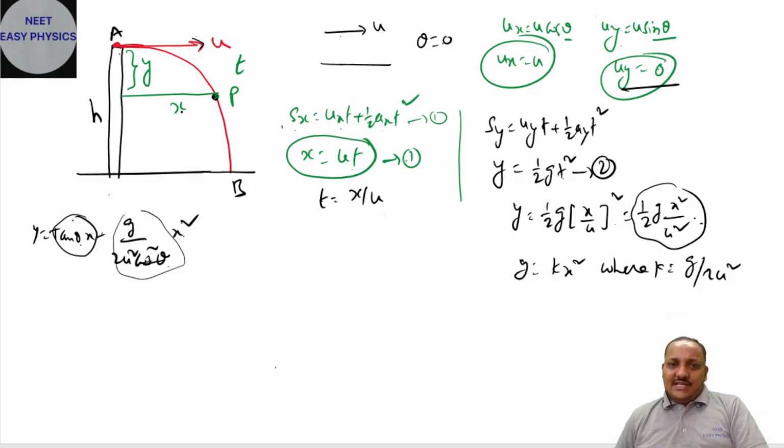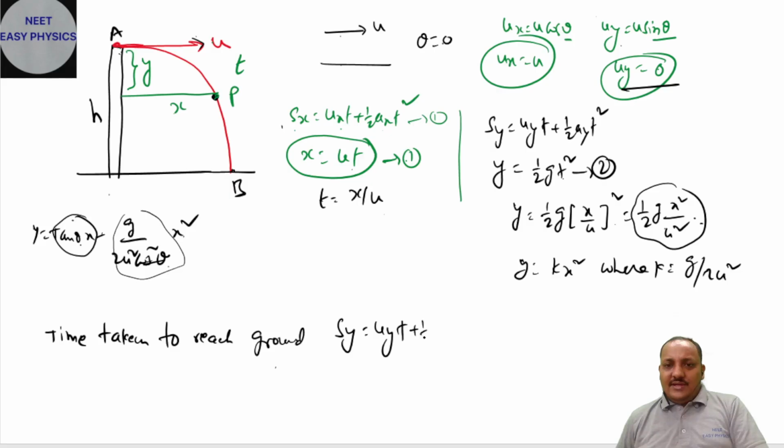Now, how much time is taken to reach the ground from A to B? Time taken to reach ground. A to B is a vertical distance. Therefore, Sy is equal to uyt plus half ayt square. What is Sy here?